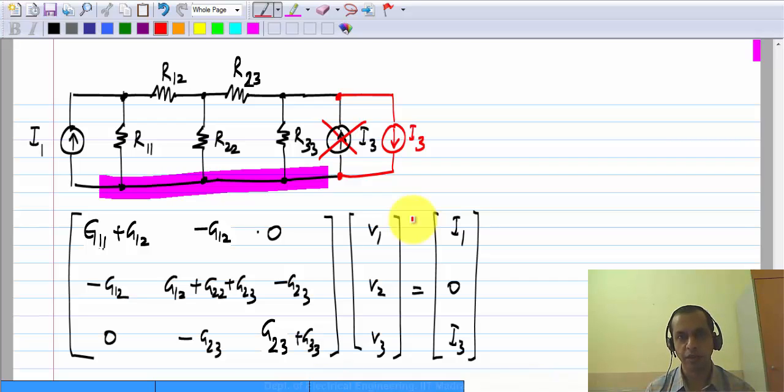We have made changes to the independent source, so this will change only the right hand side of the equation, and again the answer is pretty clear. This element, which was the total current being pushed into node 3, was I3 and now it has become minus I3. That's pretty obvious because we simply reverse the direction of the current source.